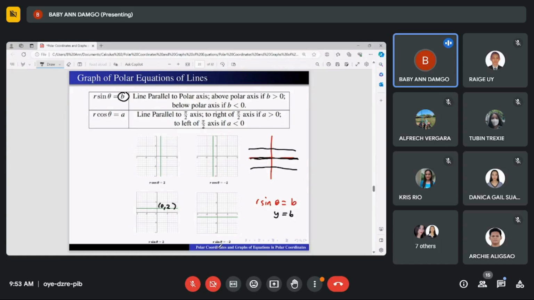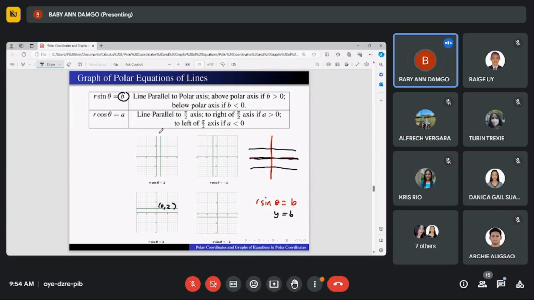So, in rectangular, the pi over 2 axis is like the y-axis. Okay? So, if a is greater than 0, it is on the right. So, in which it looks like this.